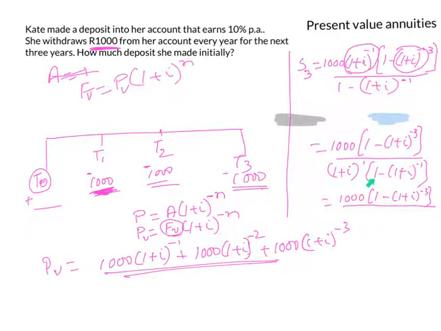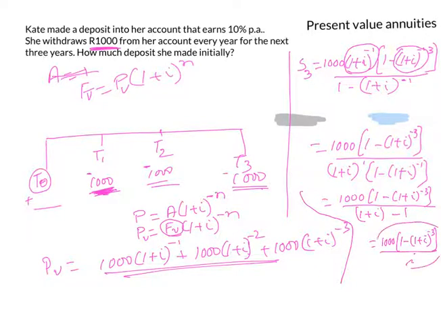This becomes 1 + i, and this becomes 1, and then I can simplify. So this is 1 + i minus 1, and therefore I will reach 1000 times (1 minus (1 + i) to the power of negative 3) divided by i.